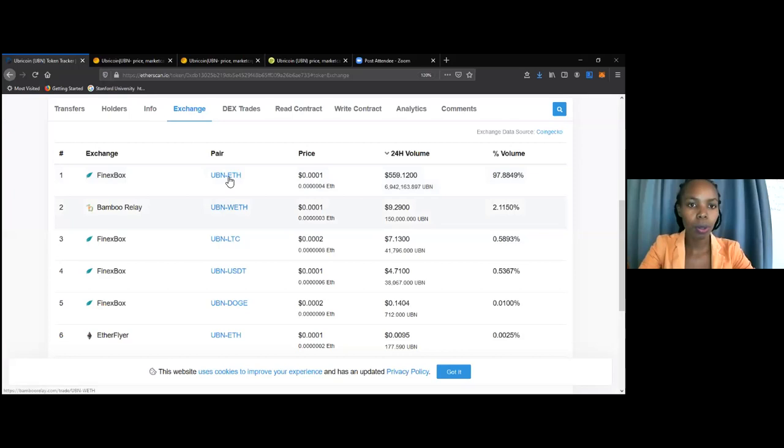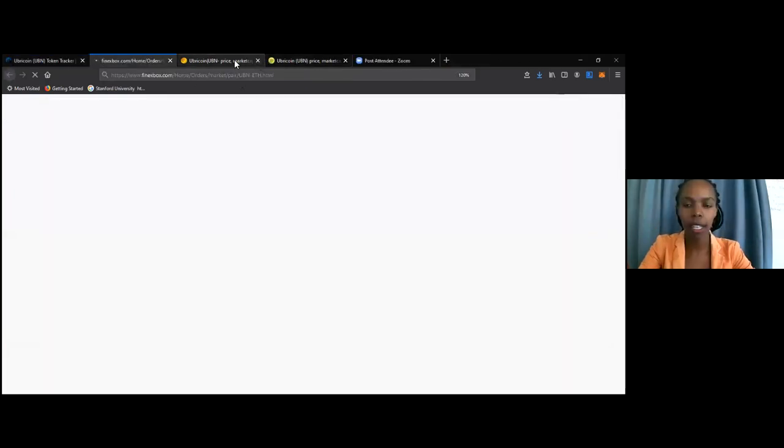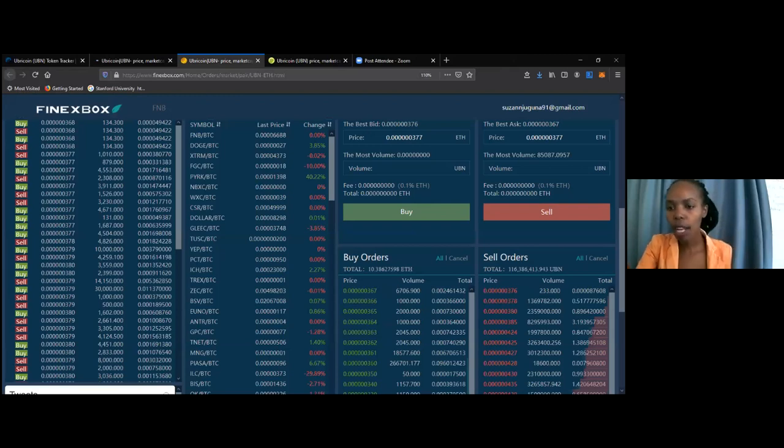As you can see, initially this was what was above here, and that is why they are taking 0.00000038. This was what was there in the morning, but with time they are going to adjust to this price, which will be lower than what is already in the market. So they take exactly what is in the Finexbox ETH market. I hope, David, your question is answered.